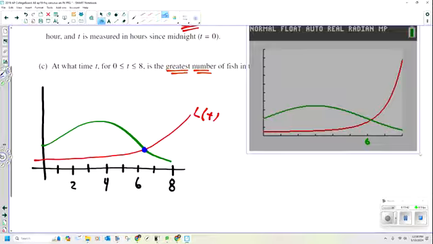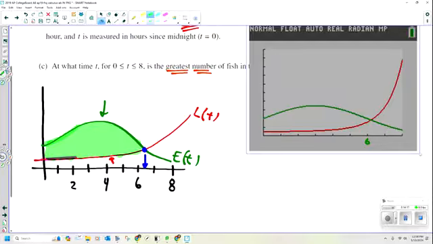We want to figure out where this point is on the x-axis, our time. How come? Because if we follow our graphs, the fish entering is higher up on the graph than the fish leaving. Let's label this E of t. As long as E of t is higher, more fish are entering, so all this time there are way more fish coming into the lake than leaving.